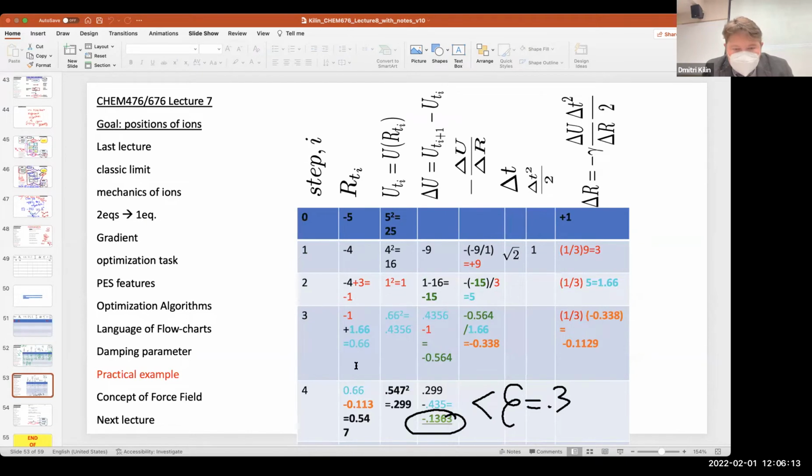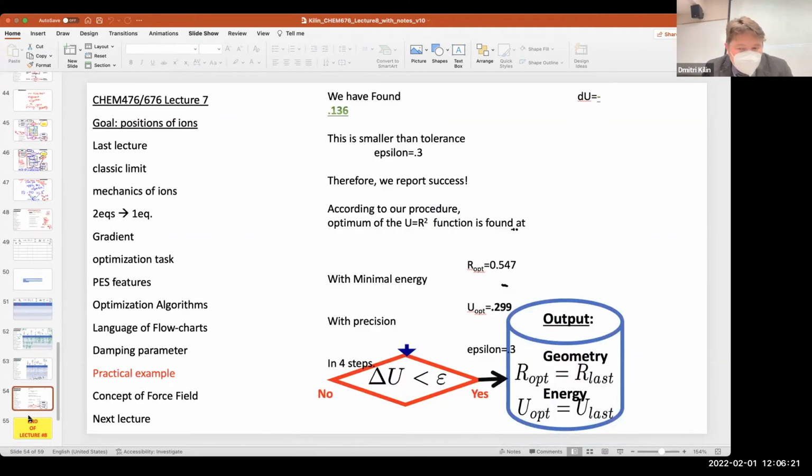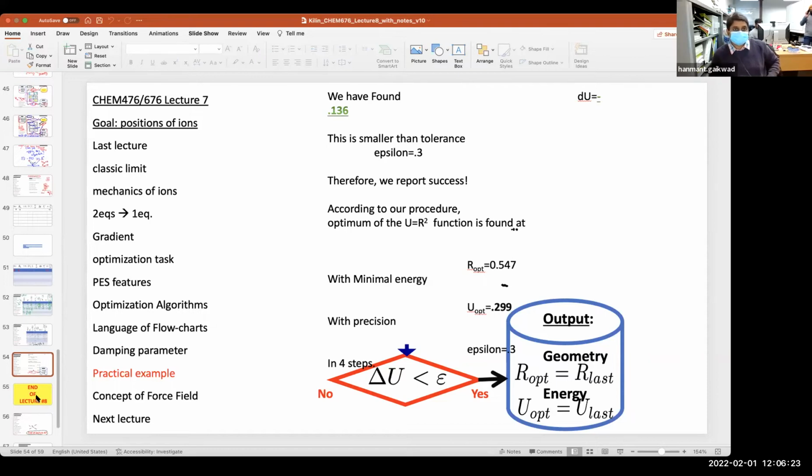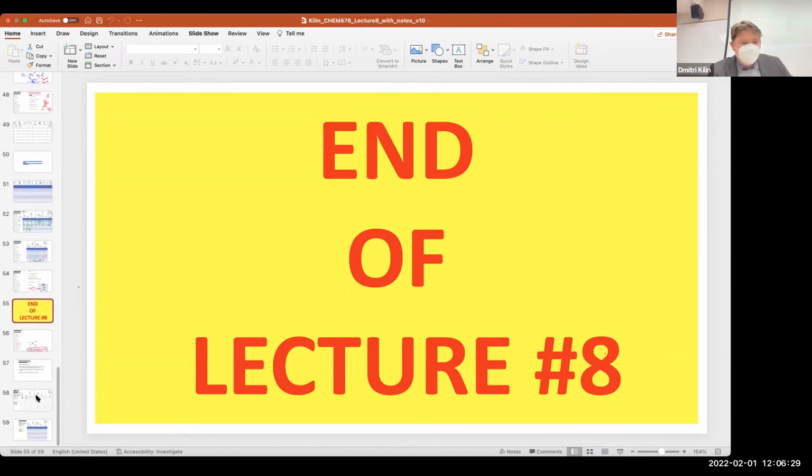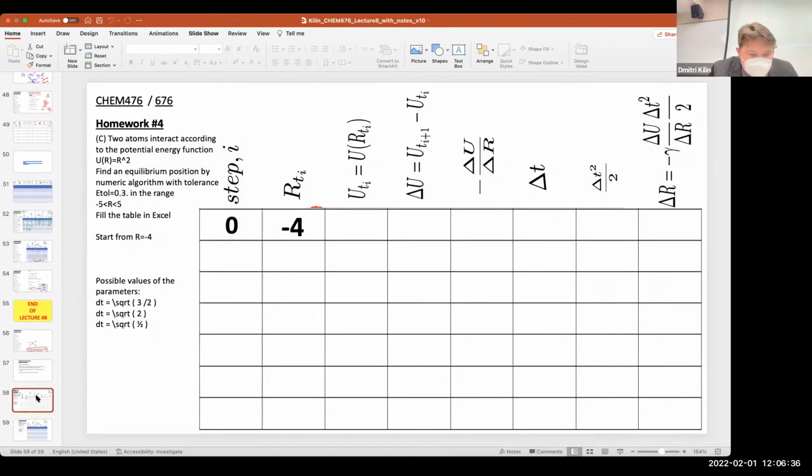Maybe one more step, and the change of the energy becomes smaller than the tolerance. So basically, we are done. This is the algorithm computers use to find the minimum. And at home, please try to repeat the same exercise for different initial parameters and different dt, like square root of 3/2.